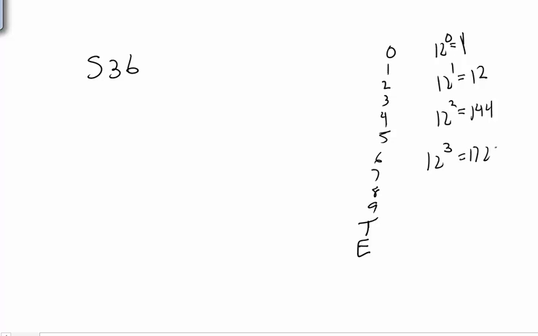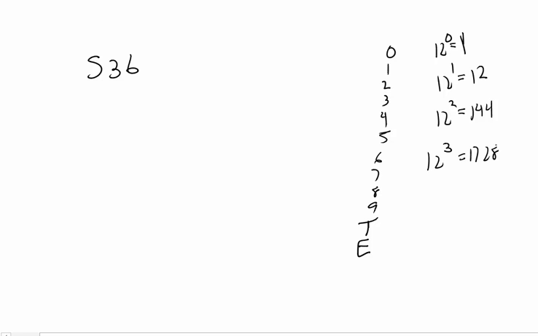We don't have 10, we have T, and E represents 11. All right, and then let's just do a couple powers here. So 12 to the 0 is 1, 12 to the first is 12, 12 squared is 144, 12 cubed is 1,728. Okay, so obviously 12 cubed is already too big for 536.